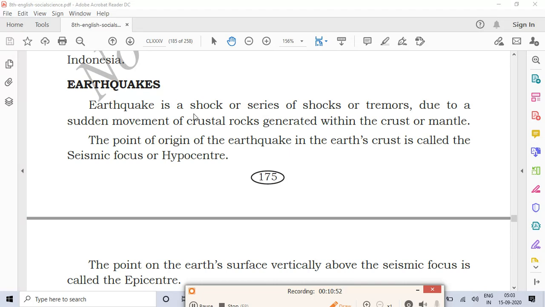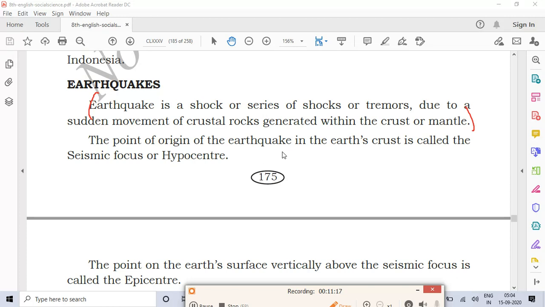It happens because of the movement of the rocks present in the crust or mantle areas. So you should remember that an earthquake is a shock or series of shocks or tremors due to sudden movement of crustal rocks generated within the crust or the mantle. You can underline and mark that in your textbook from here to here. This is the definition of earthquake.